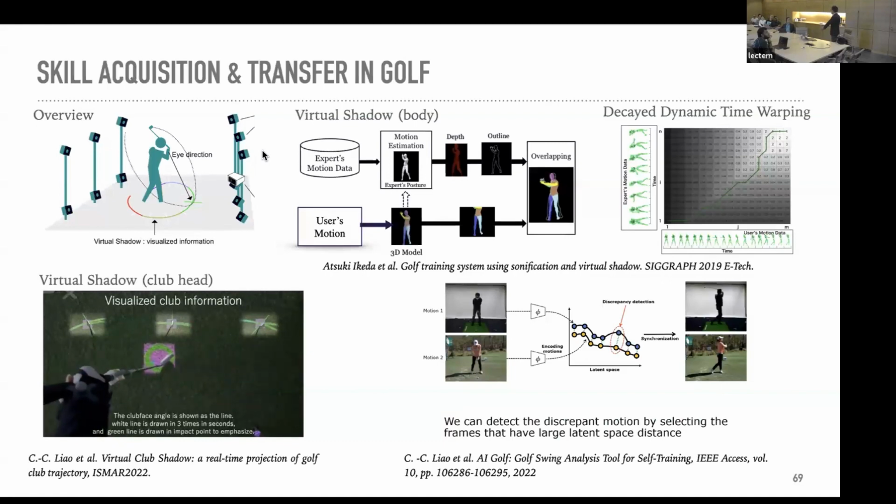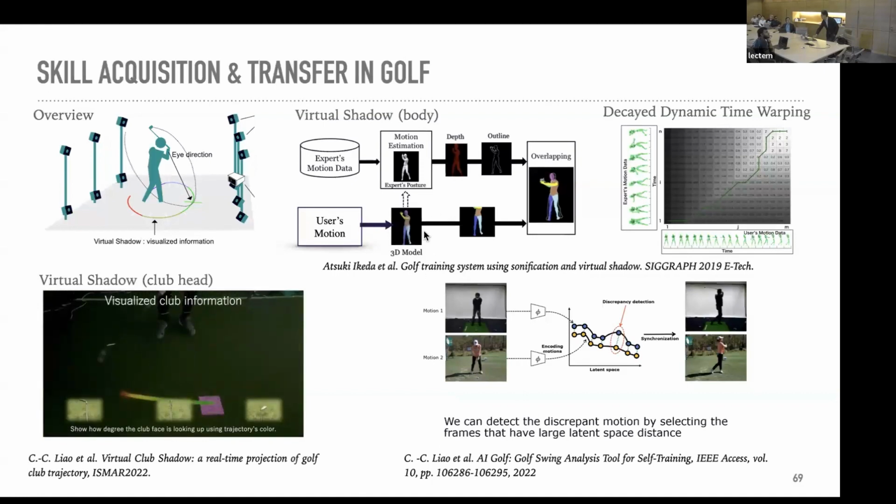So you can't see anywhere when you swing. So we use their peripheral vision to see the visual feedback. And it works very fine. And also, we are capturing users' motion by using a real-time motion capture system. But also, we have expert motion data, which was previously recorded.